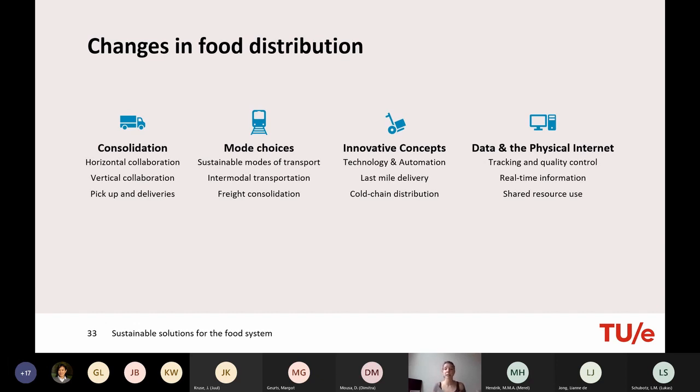Also with regards to cold chain distribution, we're getting better and better with the type of technology that we're using.